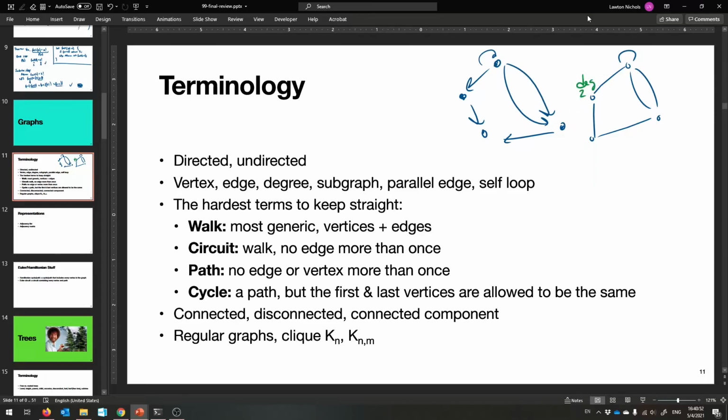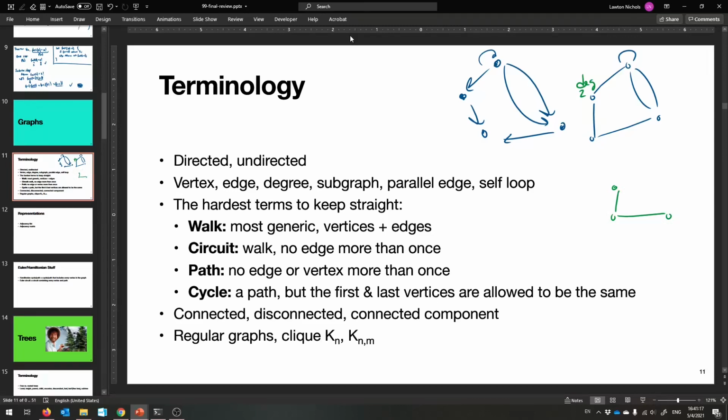That is degree 2. Then we have the idea of a subgraph. That's just taking a piece of another graph and making another graph out of it. So this is a subgraph because I'm taking a few vertices and edges. That's all.